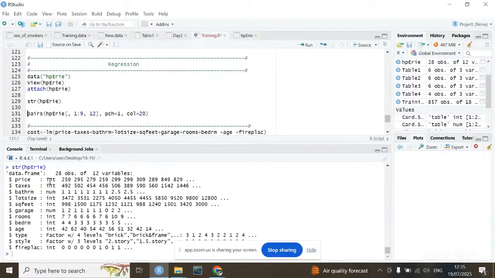So price is an integer. So this data is a data frame with the price as integer, taxes as integer, number of rooms as numerical, the lot size, the square feet, those are integers, the garage, all those are integers.